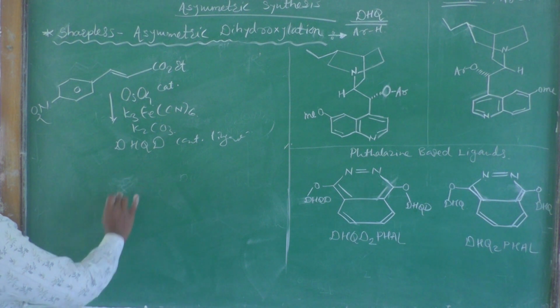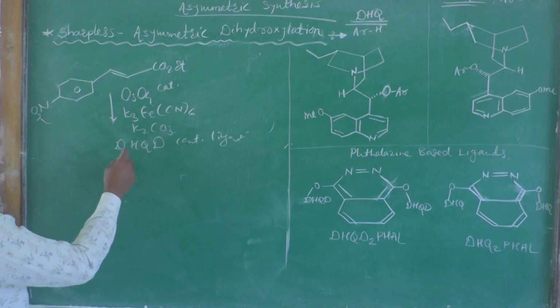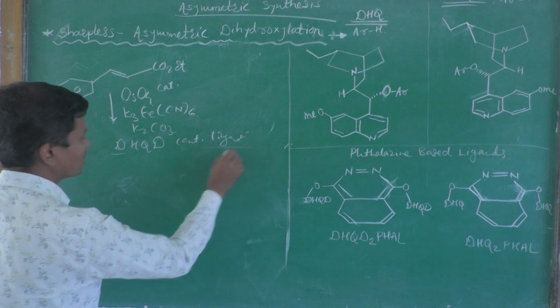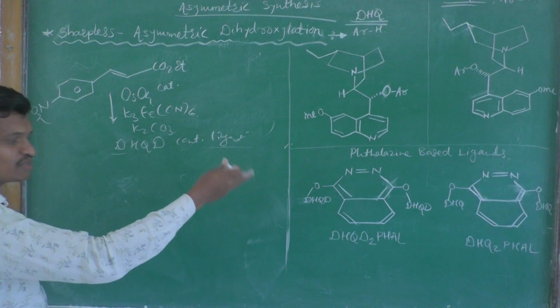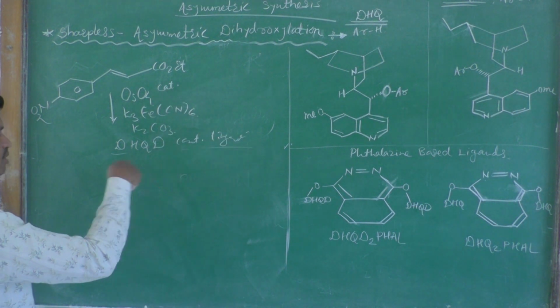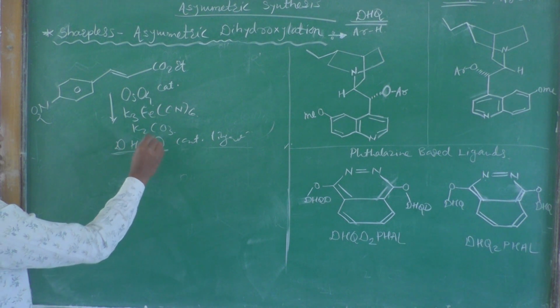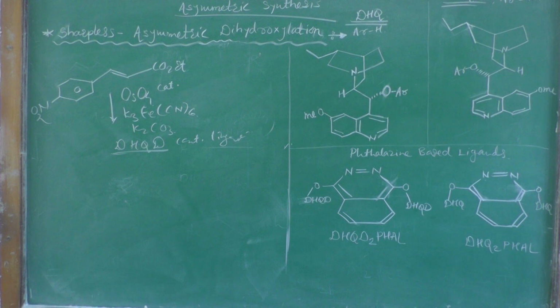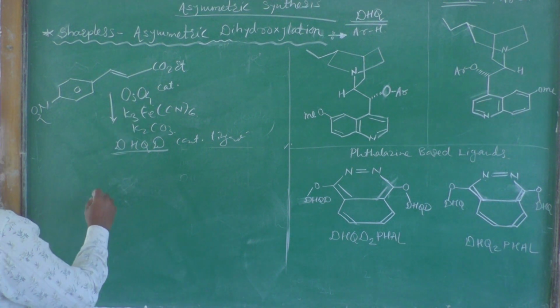So we know that all these reagents are required for the dihydroxylation reaction, and the ligand used here is the DHQD containing ligand. It may be phthalazine based or other based reagents may be used, but what is important here? DHQD is given, so hydroxylation takes place from the top face of the carbon-carbon double bond.